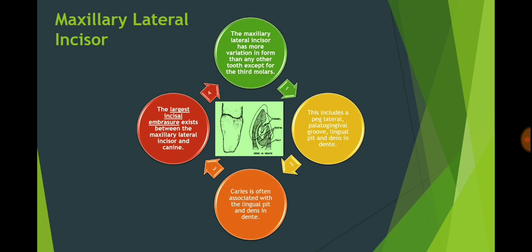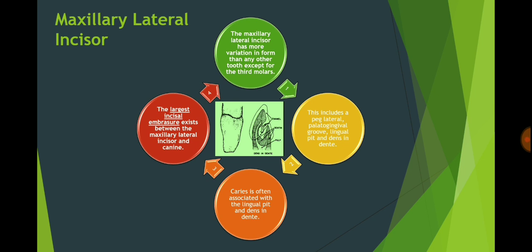Okay, so another one of the favorites is the maxillary lateral incisor. The maxillary lateral incisor has more variation than any other tooth except the third molars. So the third molars have more variation than any other tooth in the mouth.